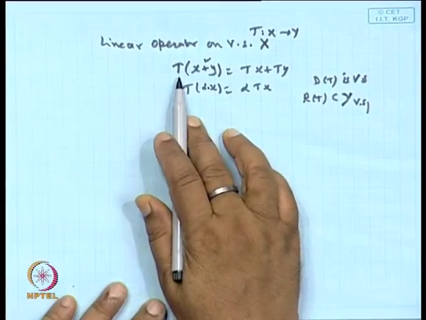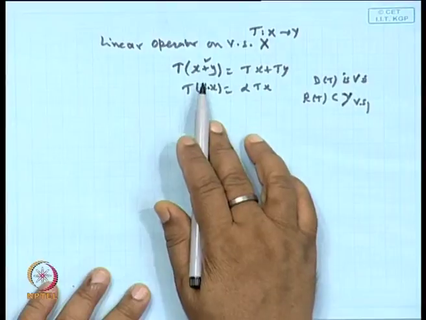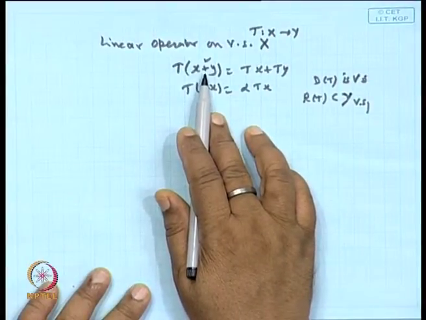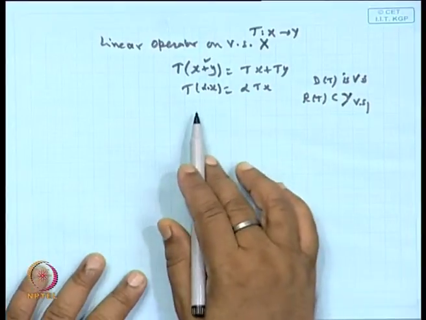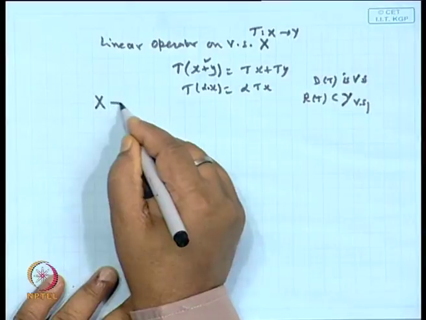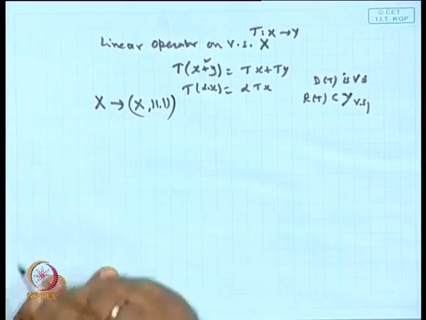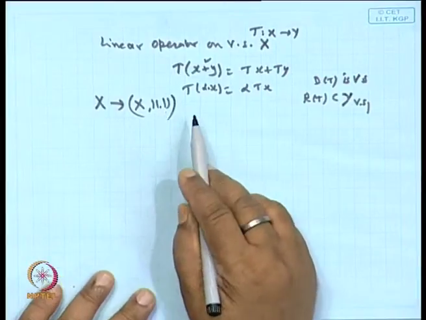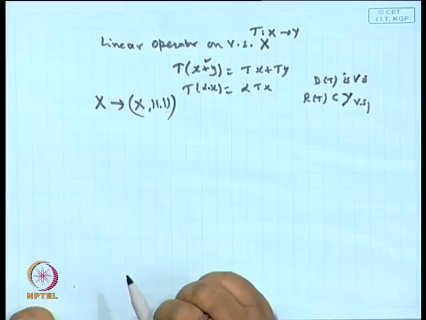So this operator T has a connection between scalar multiplication and addition of two vectors, but we do not have anything about the norm. If I replace the vector space X by a normed space or a Banach space, then the norm has no function over here so far.